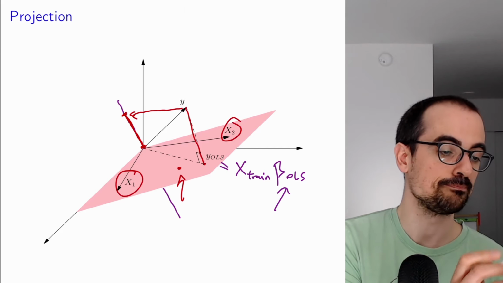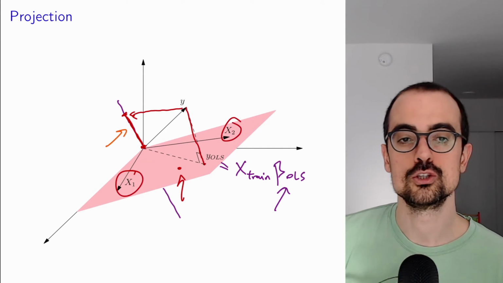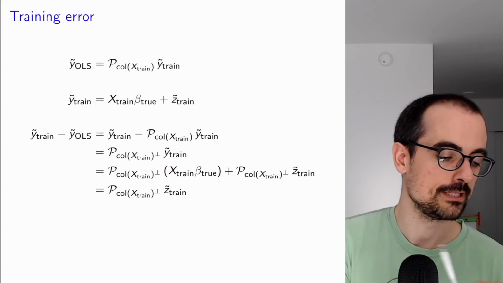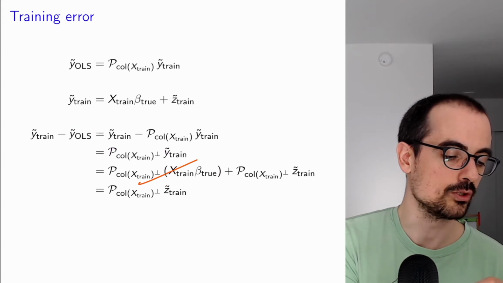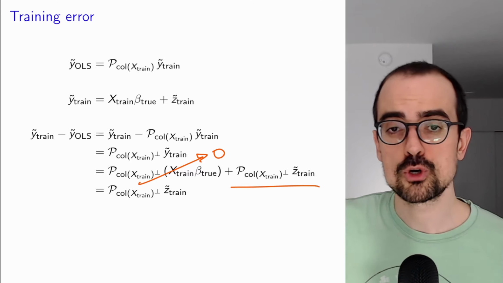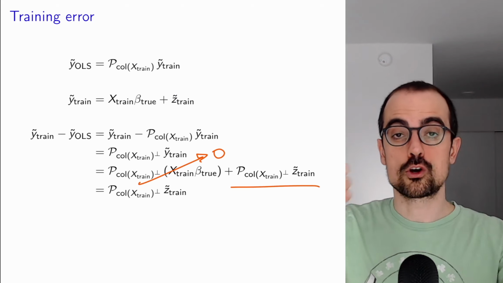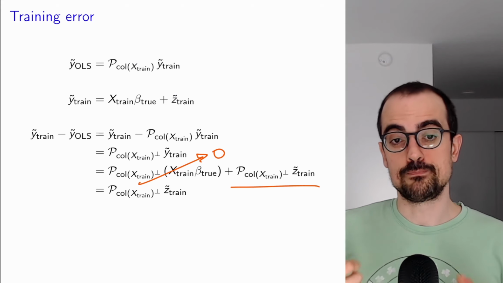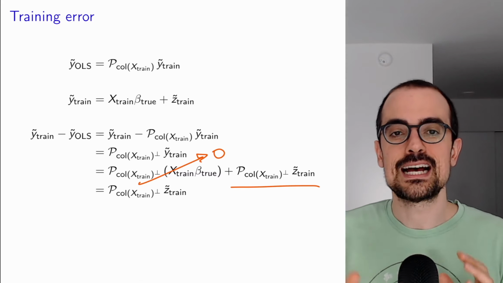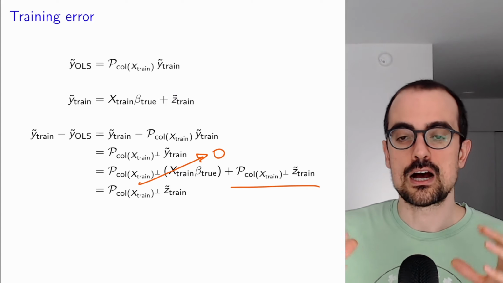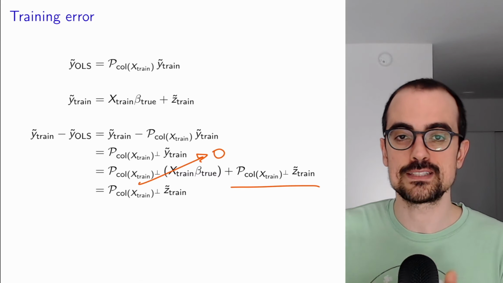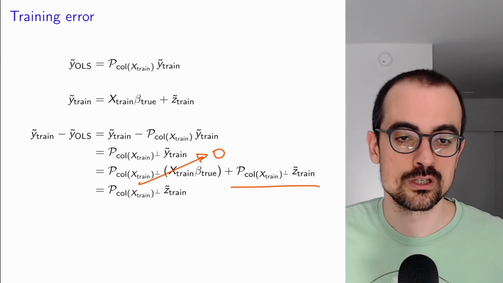So it's completely orthogonal to that orthogonal complement, and that projection is going to be 0. We're left with the projection of the noise onto the orthogonal complement of the column space of the design matrix. So basically, what is the noise component that is preserved after we do that projection?